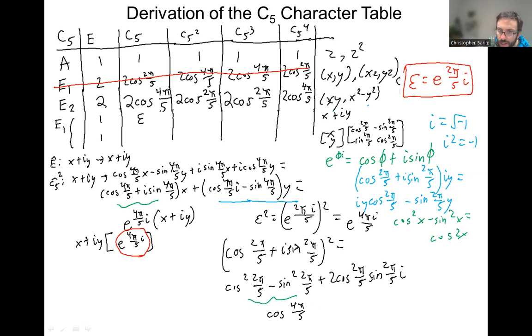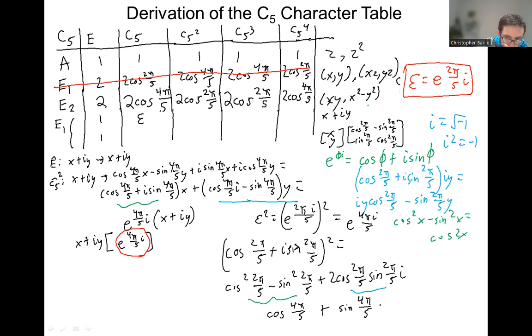And then there's also a relationship which is that 2 cosine 2 pi over 5 times sine 2 pi over 5 is actually equal to sine 4 pi over 5. And you can plug this into Google if you don't believe me, but just different relationships here.